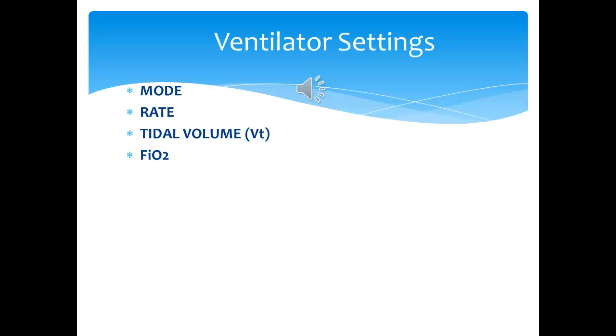Now we're going to talk about ventilator settings: the mode, the rate, the tidal volume, and the FiO2. These are the most important settings for you to initially become familiar with. There are other settings that we will discuss a little bit further down the line.